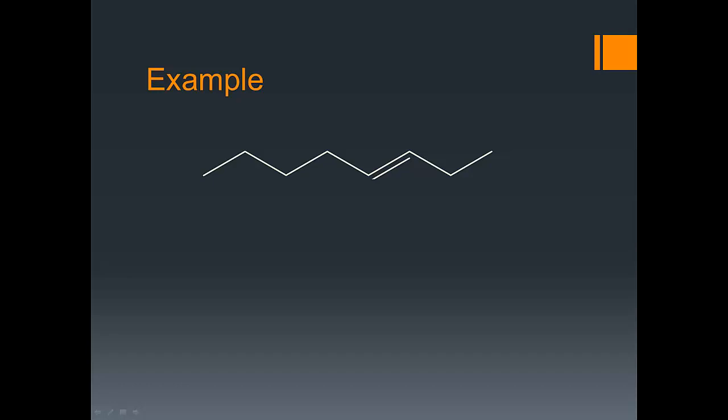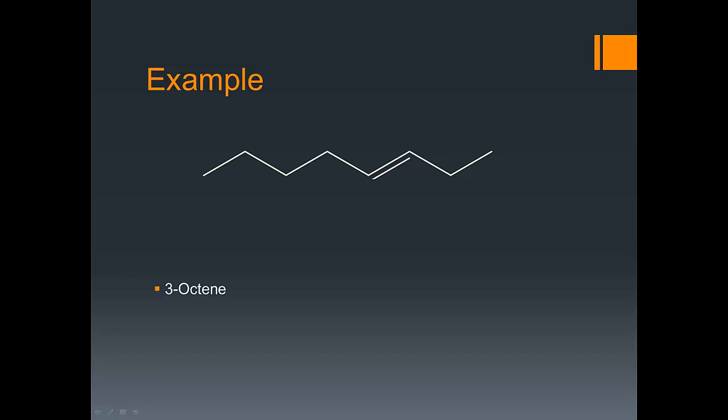So if we've got 8 in a row, some kind of an octane, but it's not an octane, it's an octene because it's an alkene. It ends in ene instead of ane, and we have to say that the double bond is at the 3 position, so it's going to be called 3-octene. 3-octene is the name of this molecule.